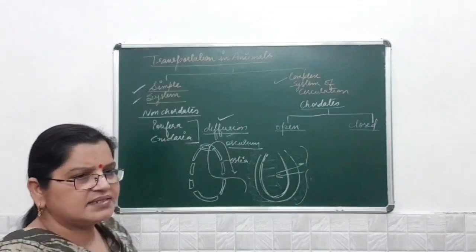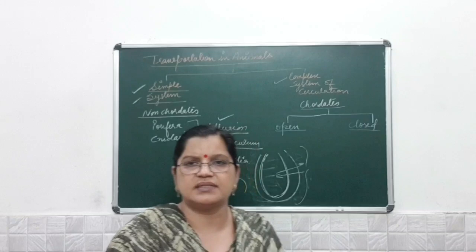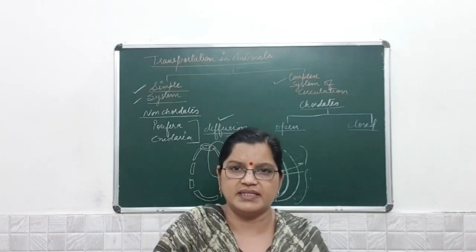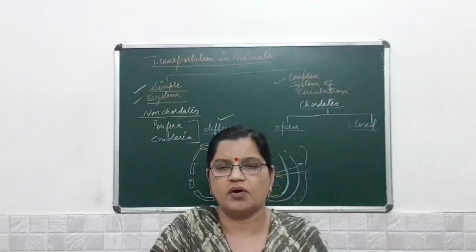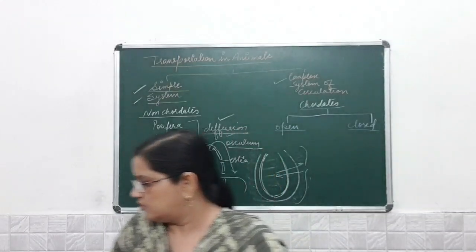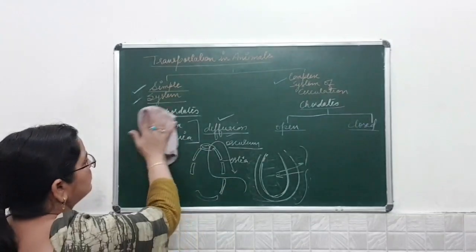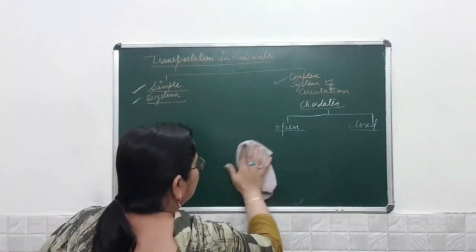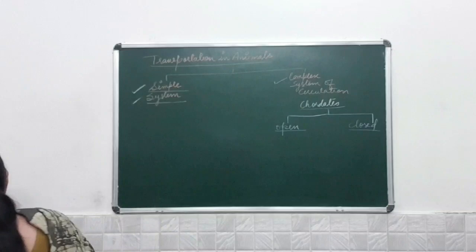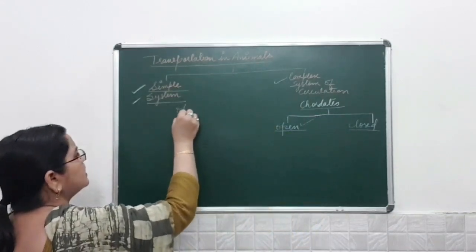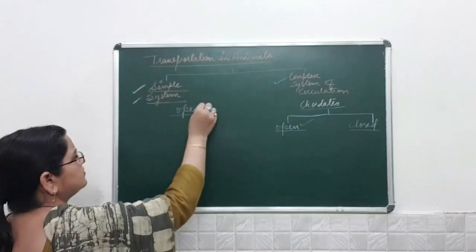These are the two types of complex circulation mechanisms found in chordates. First we will discuss the open circulatory system.